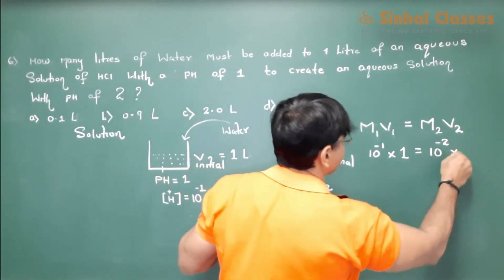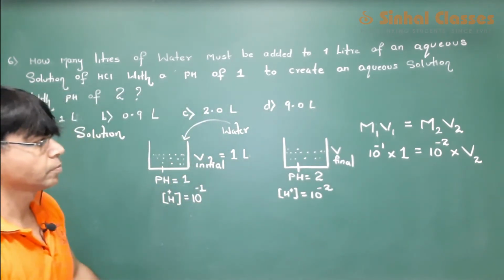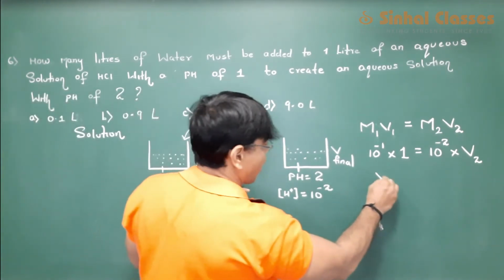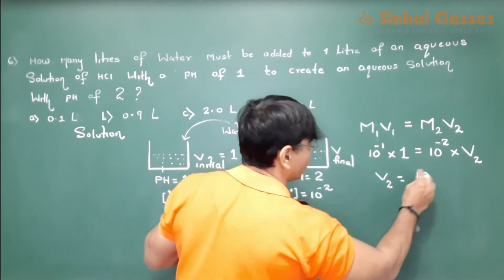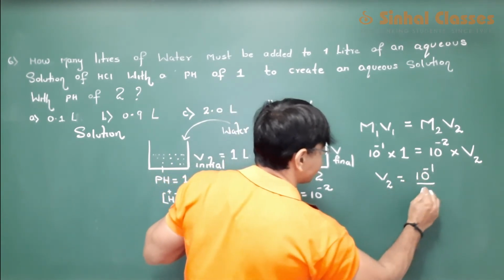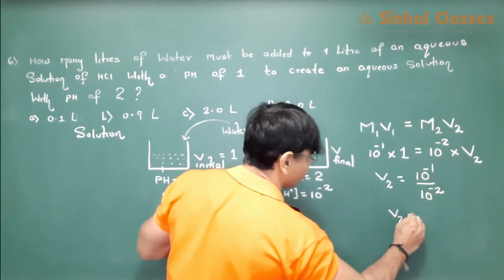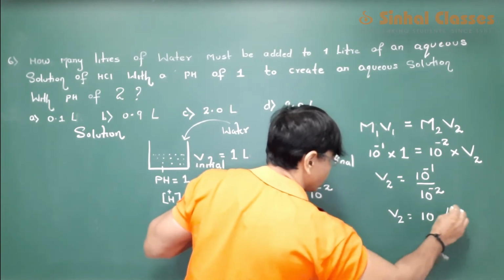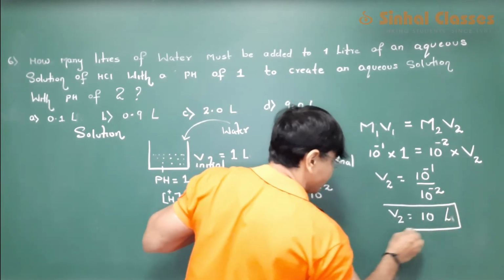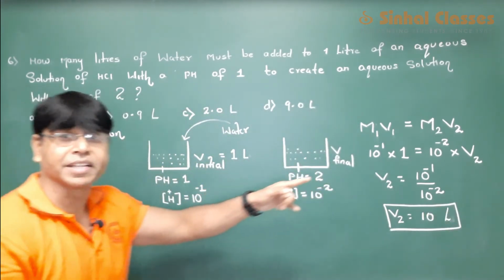What should be the final volume, V2? Final volume V2 will be 10 raised to minus 1 divided by 10 raised to minus 2. So the final volume comes out to be 10 liters. Now final volume is 10 liters, remember.